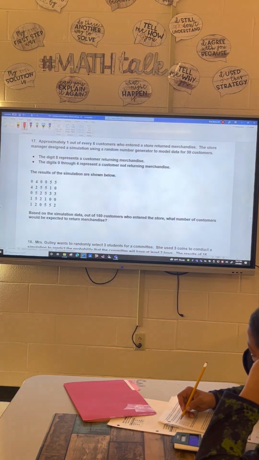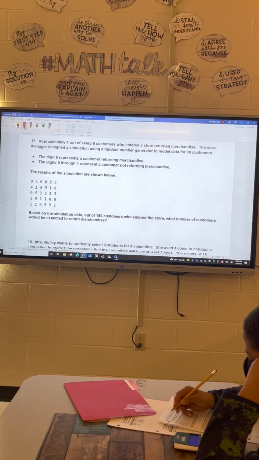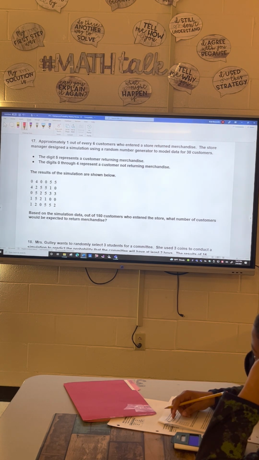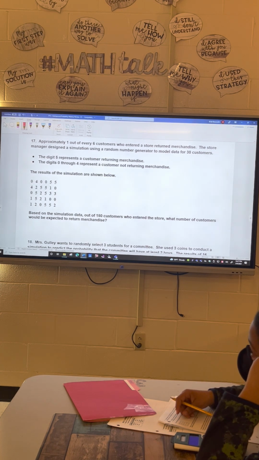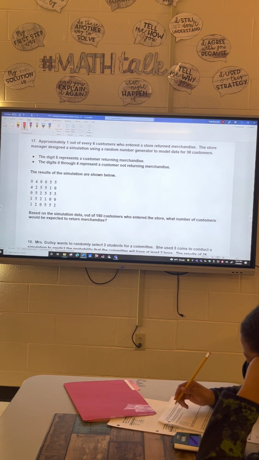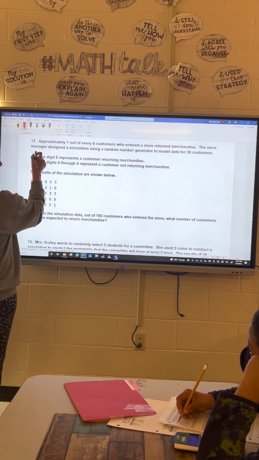Well, first, we have to determine how many customers returned merchandise in our simulation. In our simulation of 30 people, how many of them returned merchandise? 9. And the way we do that is by determining how many number 5s we have.